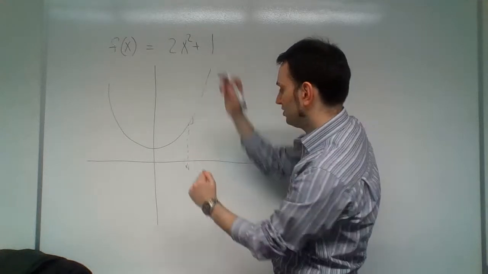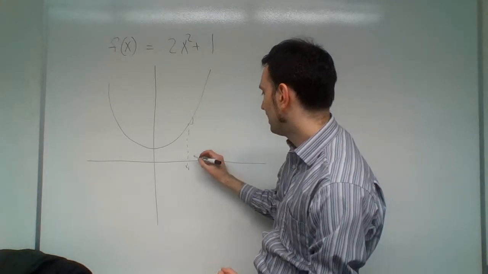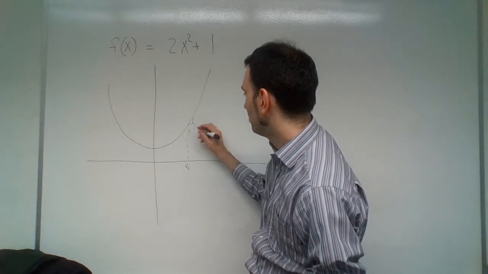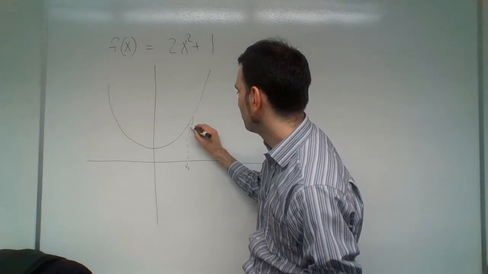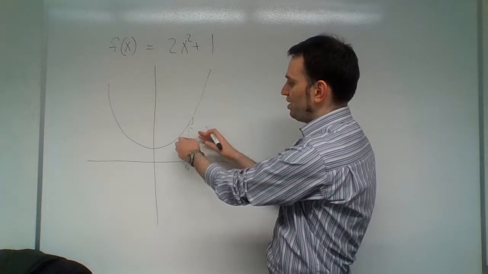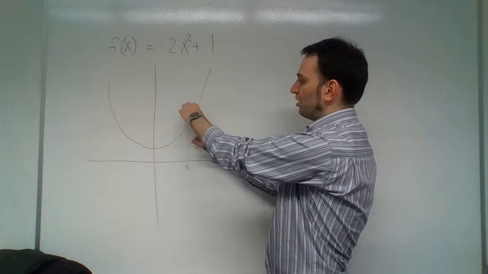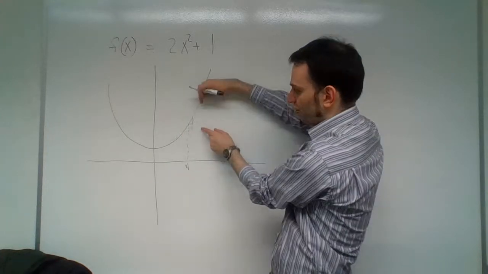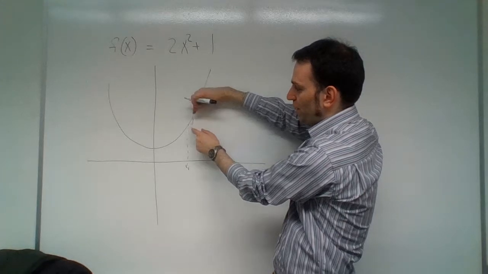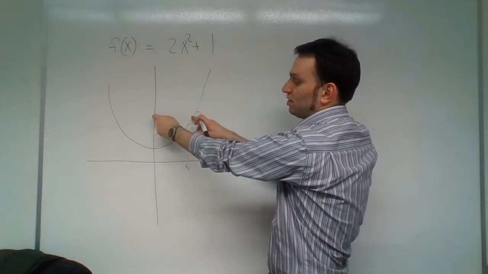Now, usually what we say is that we're going to change x0 by h. So this is going to be h. And what we're interested in is, if we change x0 by h, how much is y going to change? So essentially, how much is this vertical difference between this y and this y?